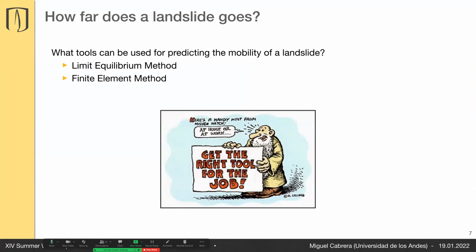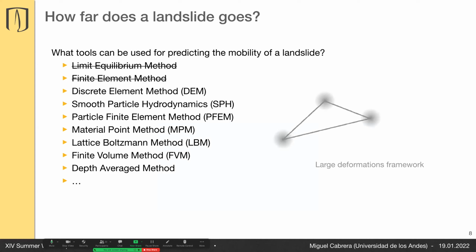So it comes to mind this refrain that says, get the right tool for the job. So far, the previous talks have highlighted these recent advances in numerical methods that will allow us to understand this mobility. And despite their simplicity, these methods are very promising in simplifying enough the physics behind a landslide and helping us understand what the mobility of a landslide will be.